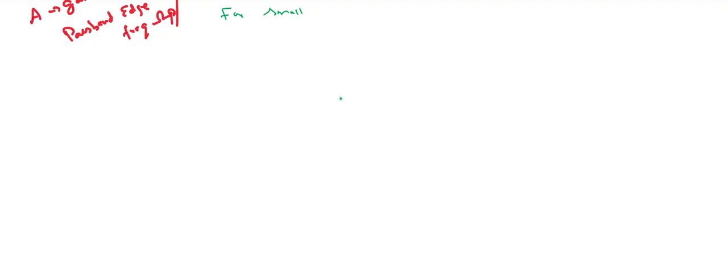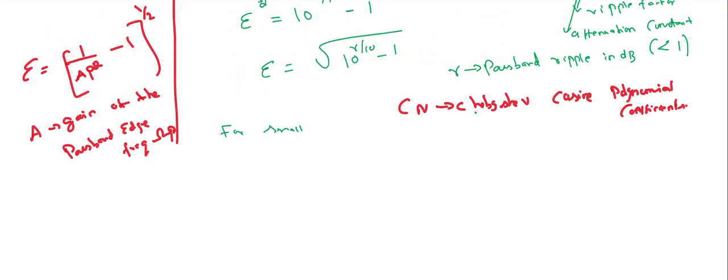Here n is the order of the filter. Cn is a Chebyshev cosine polynomial of order n.